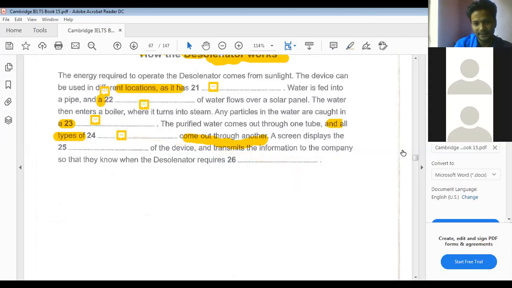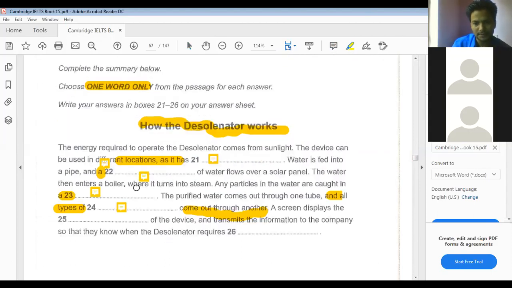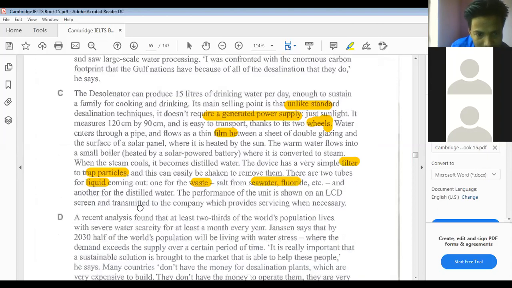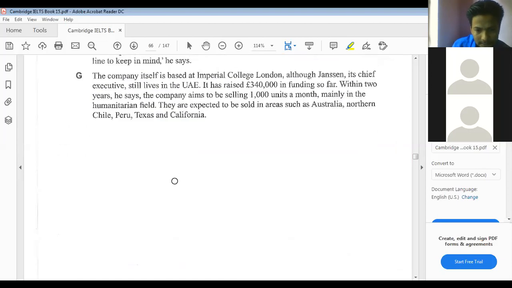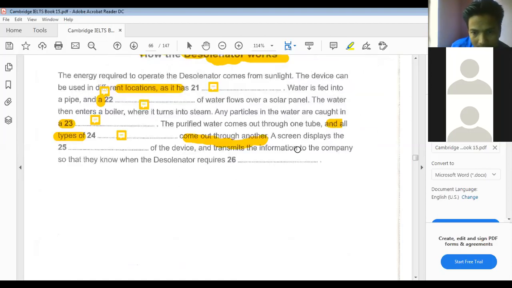Waste. That's fine. Great. The screen displays the... of the device. Look here again: seawater and another is distilled water. The performance of the unit is shown on an LED screen and transmitted to the company which provides servicing when necessary. The screen displays the performance of the device.